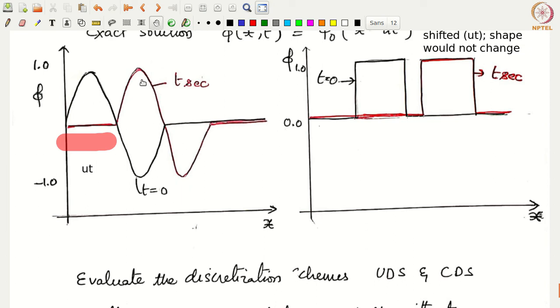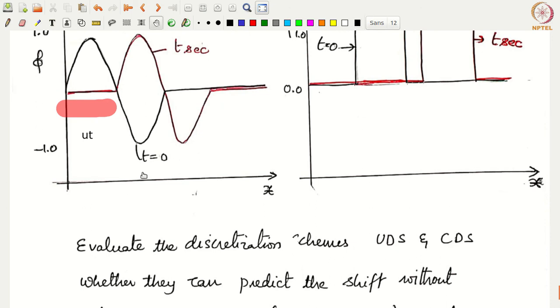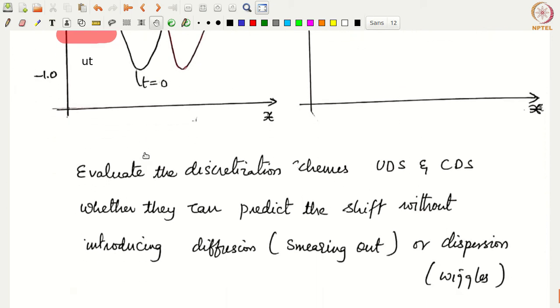Essentially, the motivation is to see if the schemes constructed based on upwind and central differencing can predict the shift without introducing diffusion, that is the smearing out, or dispersion, that is these oscillations or wiggles. That is the question we can pose.